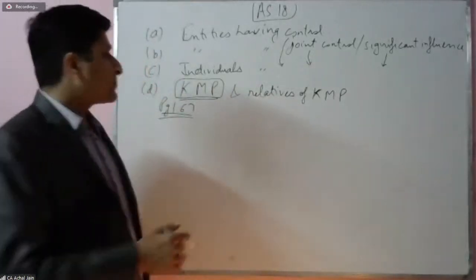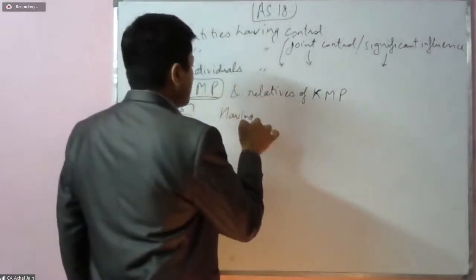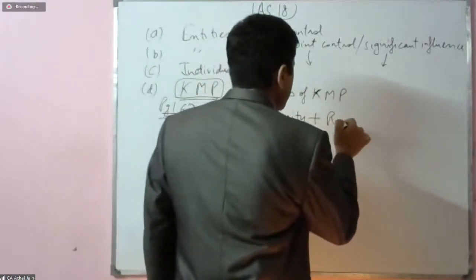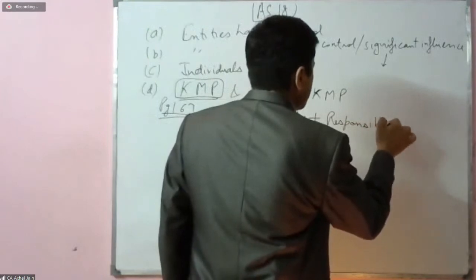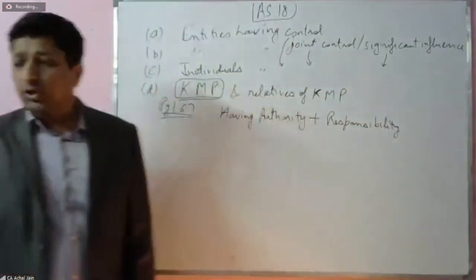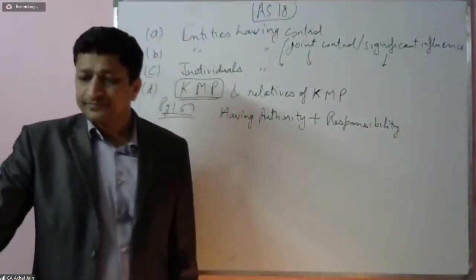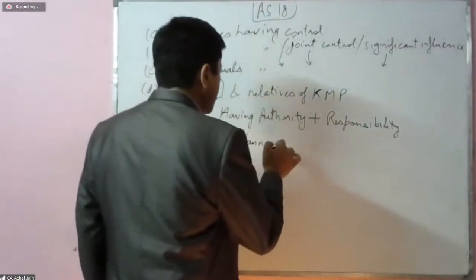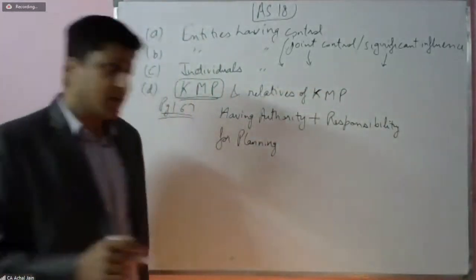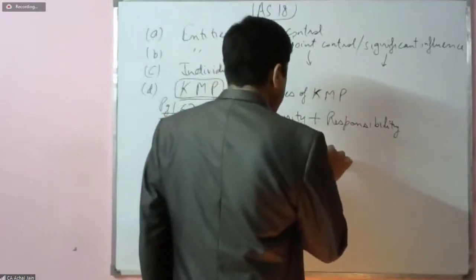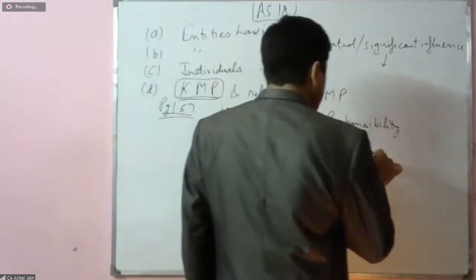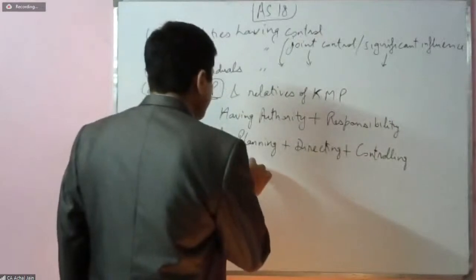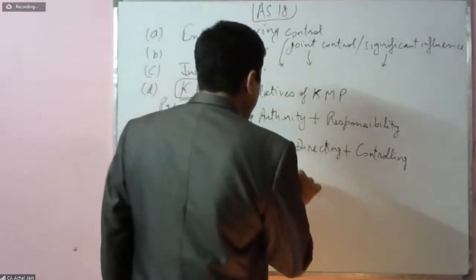KMP we can say is a person having authority and responsibility for planning, directing and controlling the activities of the reporting entity.